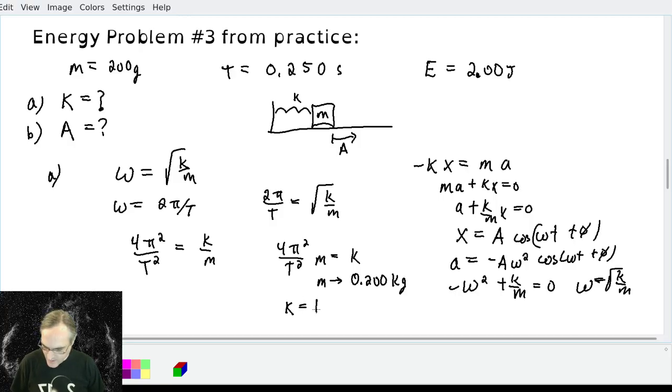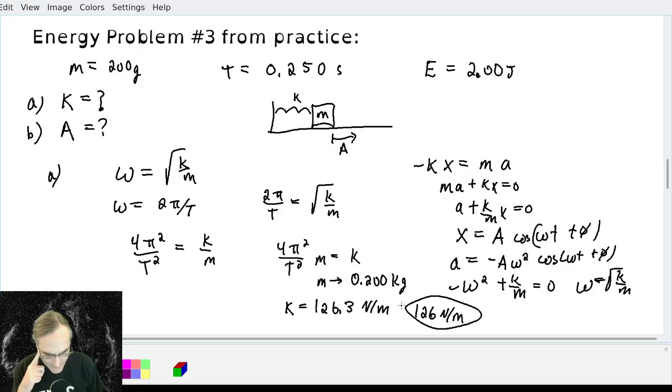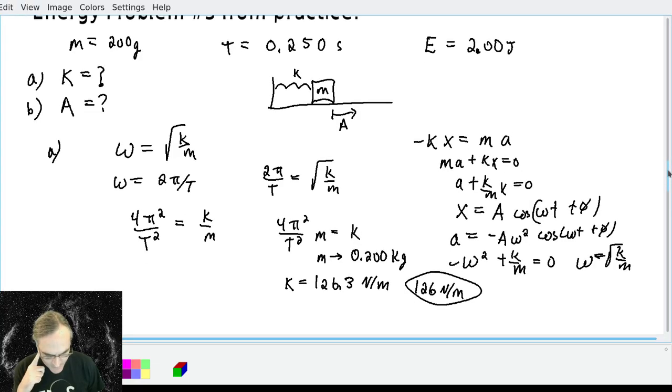K should be 126.3 newtons per meter. You would probably report that as 126 newtons per meter. However, I do want to keep that extra digit in case I might want it for part B. I'm not actually sure yet.